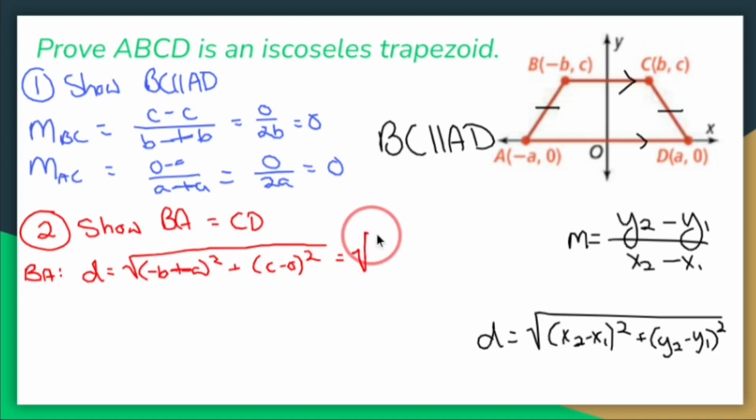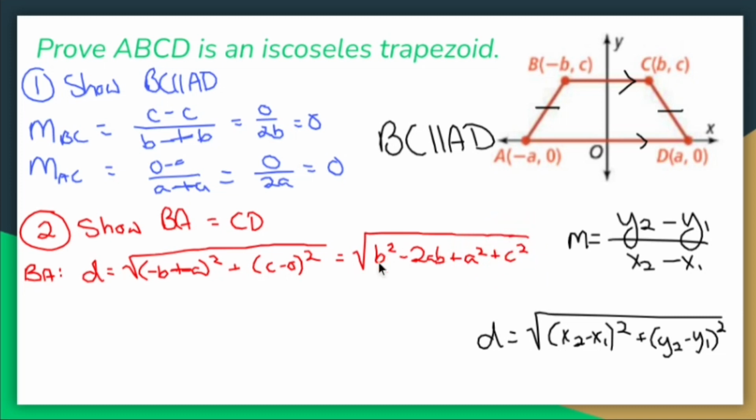Double negative makes a positive. Now, since space is an issue and time is money, I'm going to use the idea of perfect square trinomials for this one, and I'm going to make sure that I understand that this becomes b squared minus 2ab plus a squared, and the other part is c minus 0, which is just c, so plus c squared.